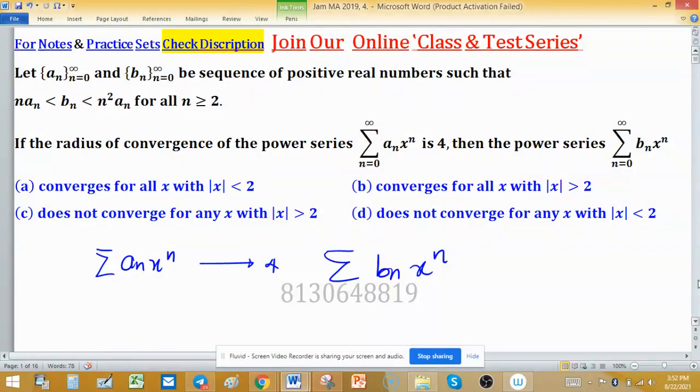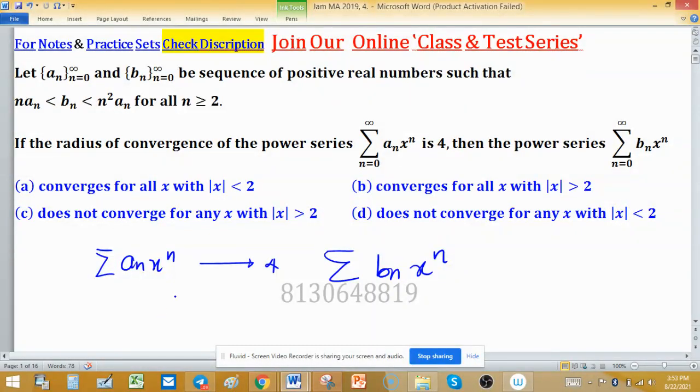At the boundary of the radius, or you can say the exterior boundary, the series may or may not converge, but whenever we find the interval of convergence, then exactly we can say at what points the series will converge or not.